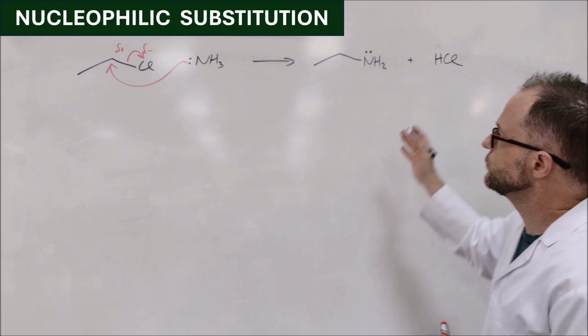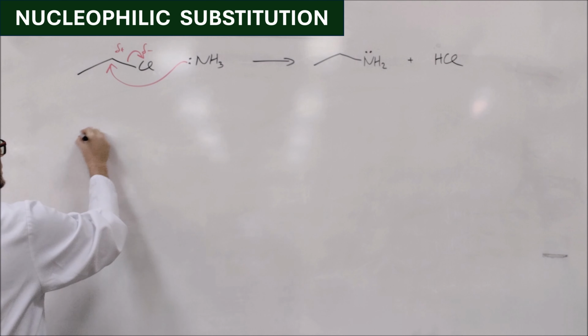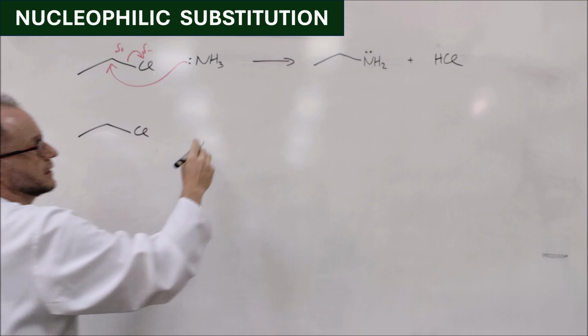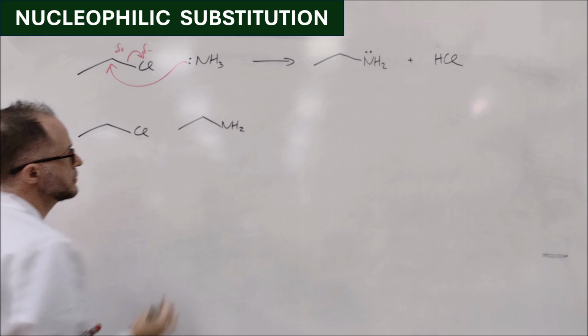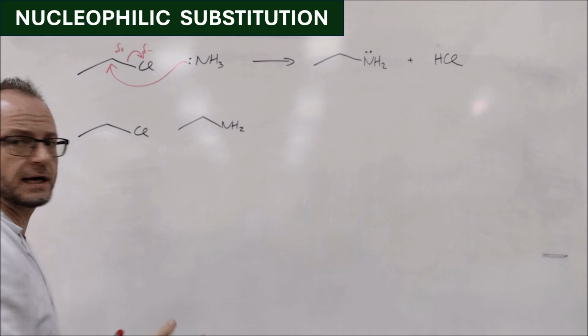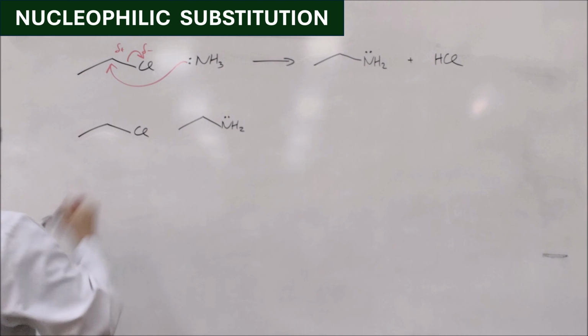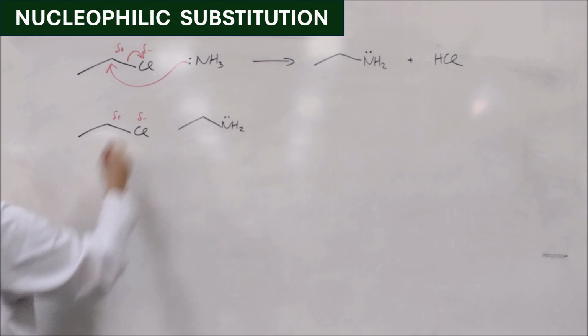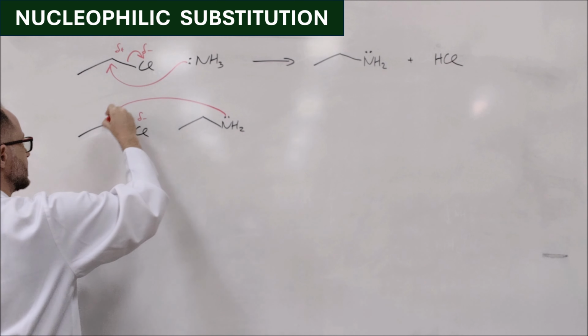So if we have excess chloroethane and we have methylamine being generated, there's no reason that the methylamine can't behave as a nucleophile in its own right. So let's draw that there. Arrow. You can do it from above or below, it's not too important.